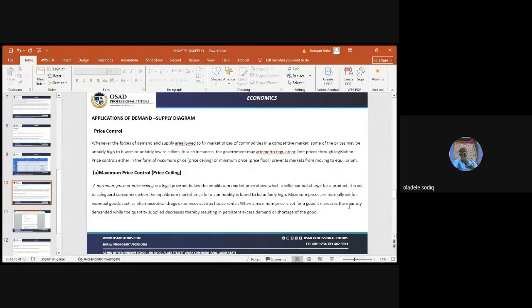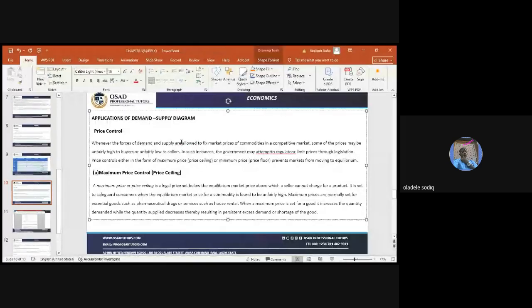Price control. Now, who did I say determines the price and quantity demanded of a commodity? Clifford. Who determines the price? Who?